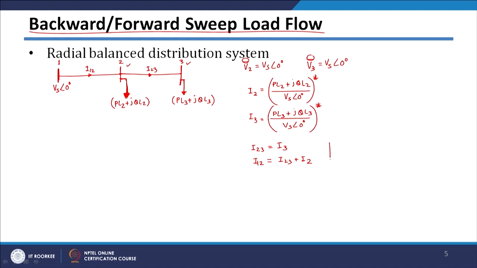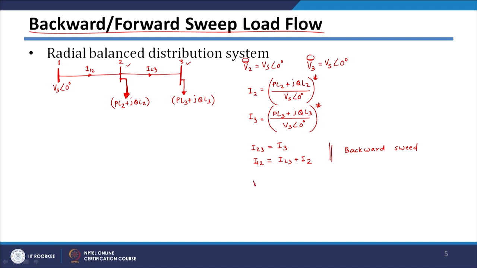So, this is called the backward sweep. All the line currents we are calculating by going backward from your end nodes and reaching till your first node or source node, and then voltages will be calculated starting from source node.